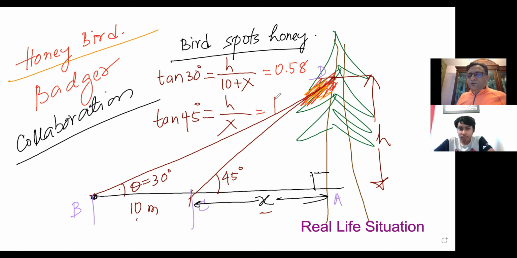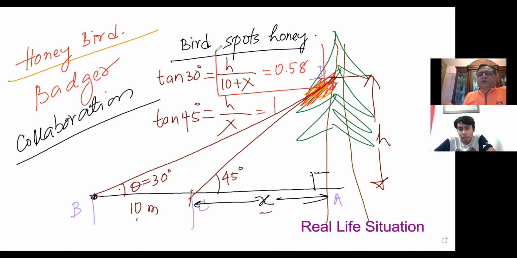From these equations, you can find the height, correct? How will you find it? Tell me. What we have found is from tan 30, we found 0.58, and tan 45 is 1, sir. So we have equation 1 and equation 2.